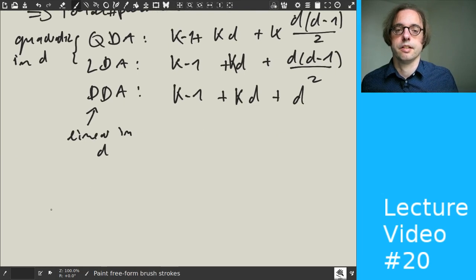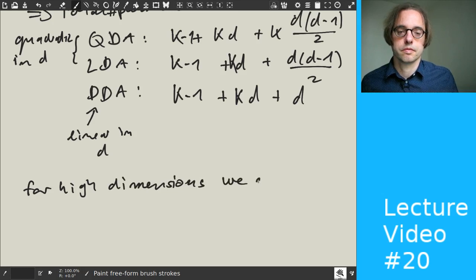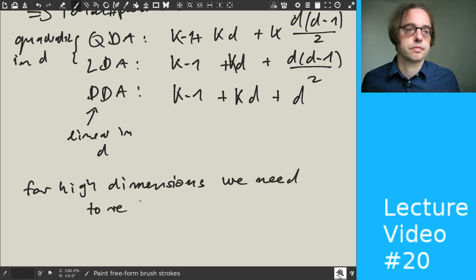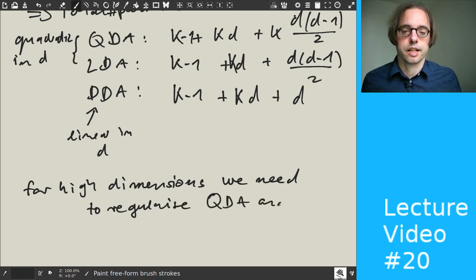So for high dimensions, we need to regularize QDA and LDA.